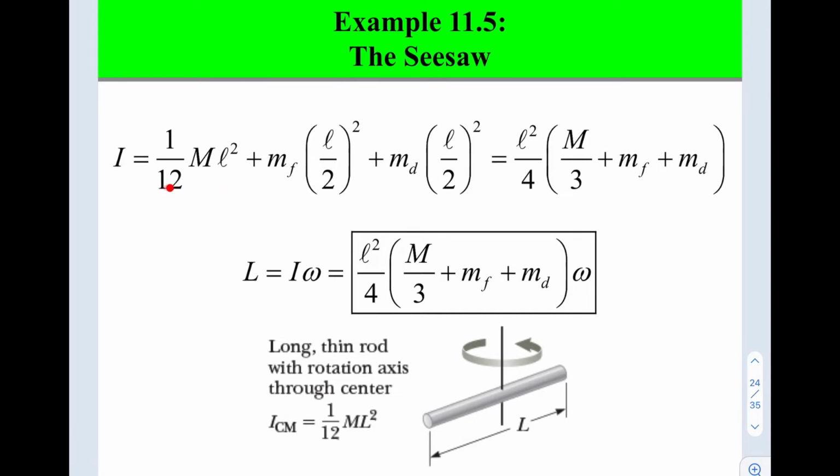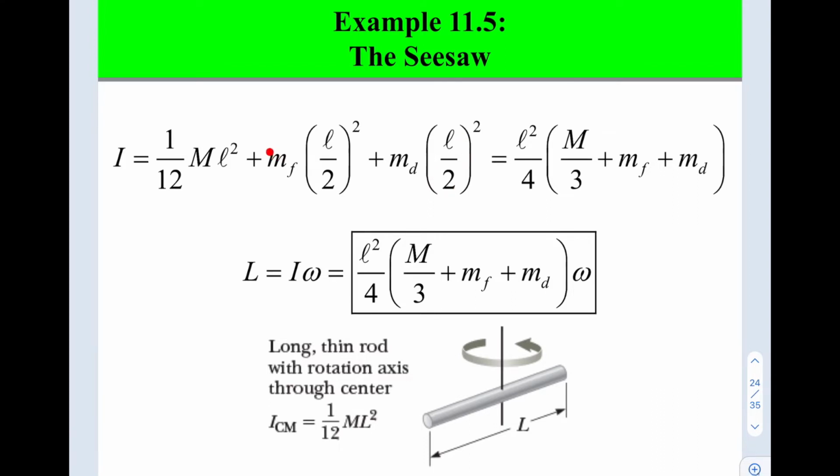The I for a long rod where the axis of rotation is at the center, according to the table from your textbook, is 1 over 12 ML squared. The moment of inertia for the father is M times L over 2 squared, because this is the r for the mass of the father.